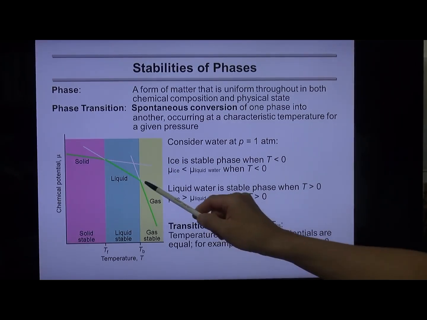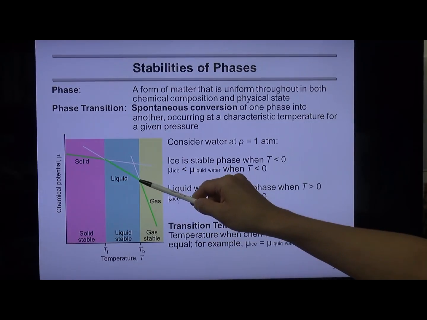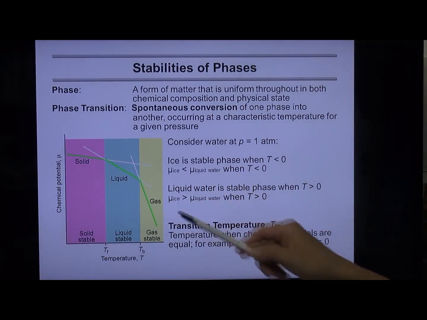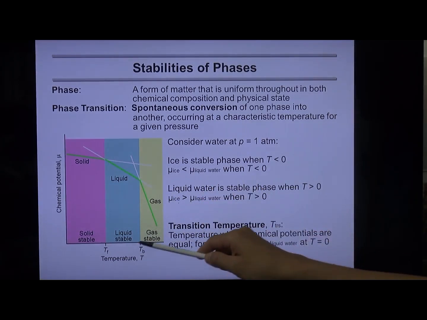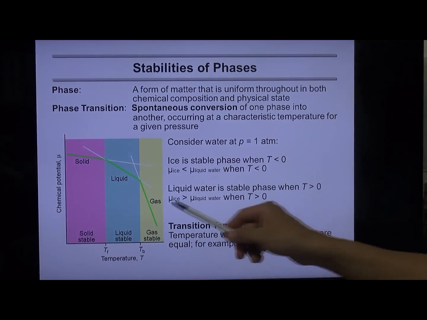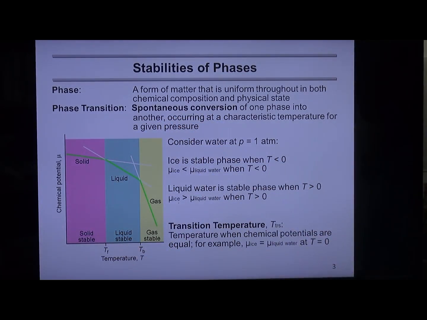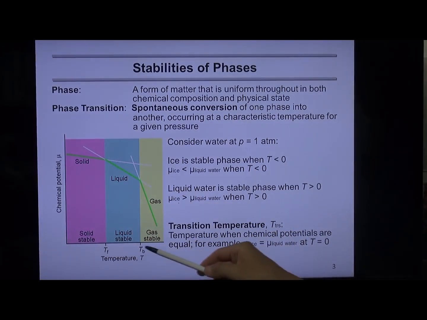At this temperature, chemical potential of liquid and gas meet. This is where phase transition between liquid and gas occurs, the boiling point, or TB. Very simple, right? Based on the thermodynamic knowledge from chapter 3, we can determine which phase is the most stable one as a function of temperature.